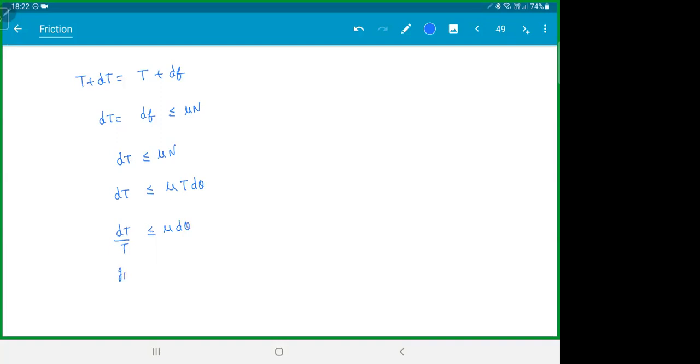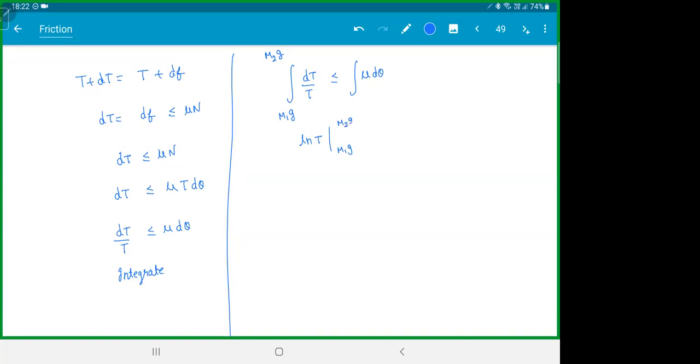Integrate on both sides, you end up with integral dT by T is less than or equal to integral mu d theta. On the left hand side, the tension would go from M1g to M2g. This would be ln of M2g by M1g.